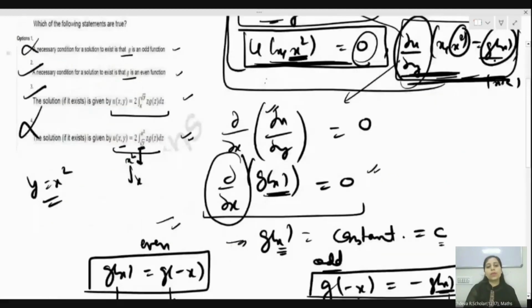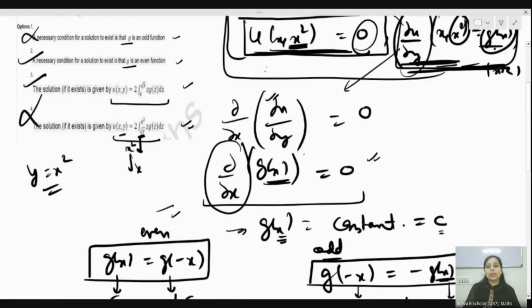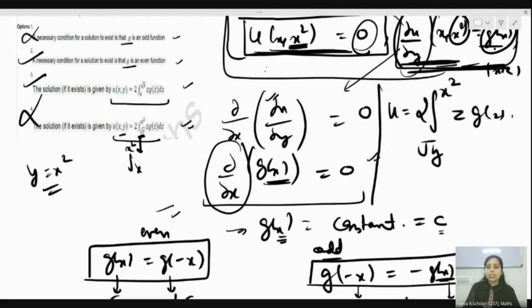See, option 4 has u as 2 under root y, limit x square, g, z g(z) dz. Here when we substitute y by x square, the solution is not becoming 0.